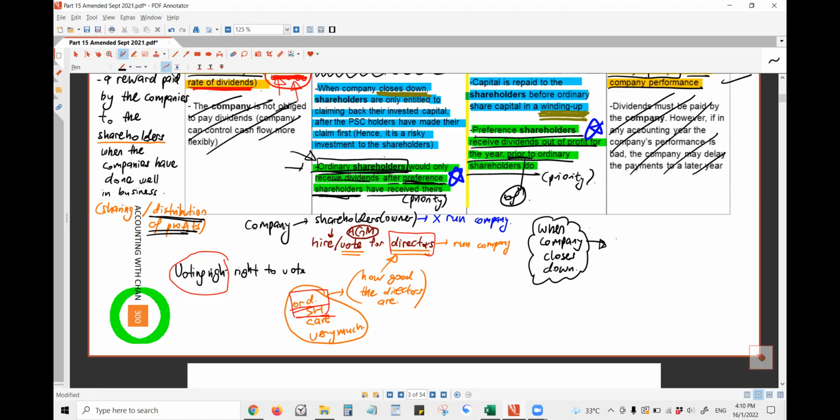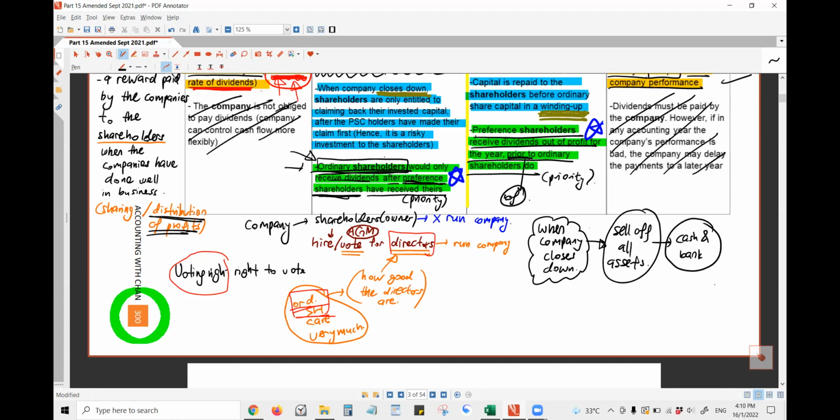So when you want to close down your company, you will sell off all assets, and you turn them into cash and bank. Once you have sold off all other assets, what you still have would be cash and bank.